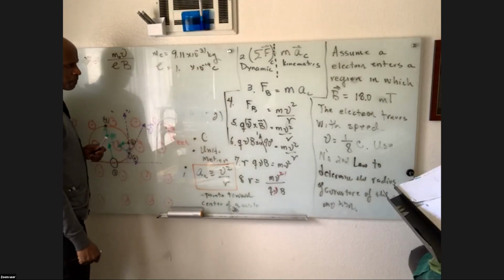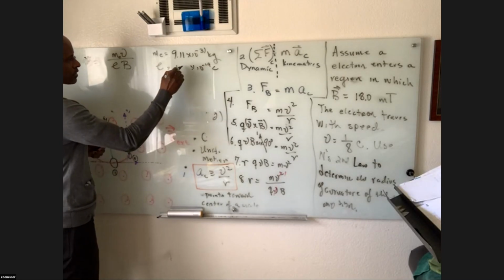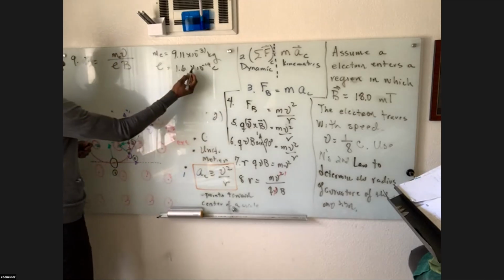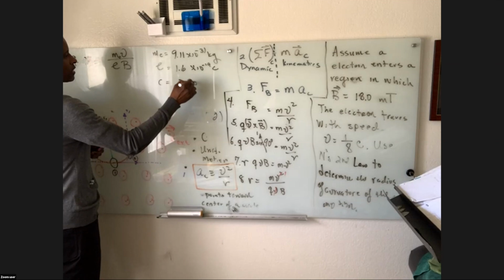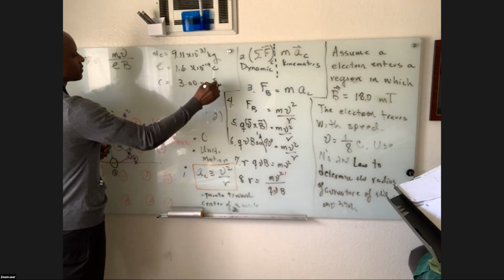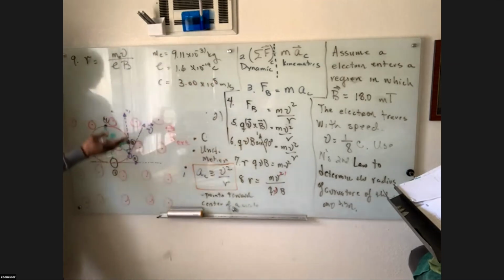Somebody help me. 6. 1.6, thank you. 1.6 times 10 to the negative 19 coulombs. And c is equal to 3 times 10 to the 8th meters per second. And B is that thing I told you.